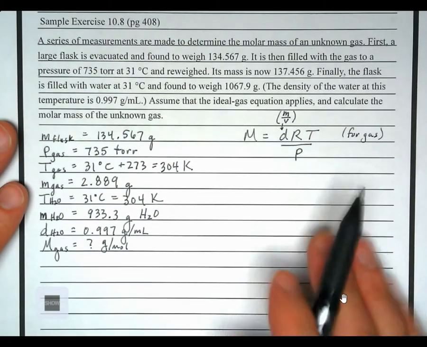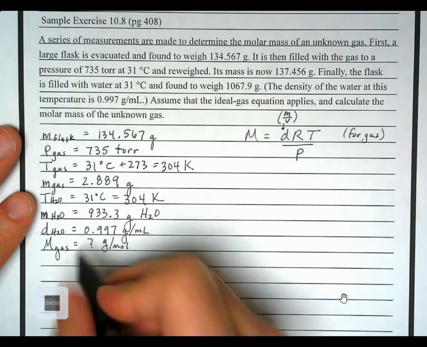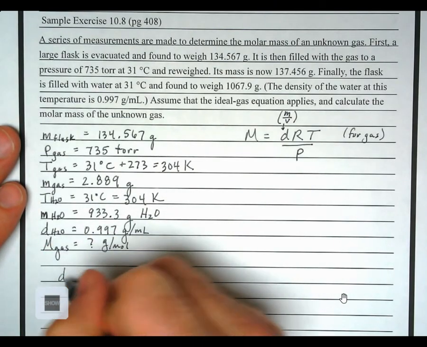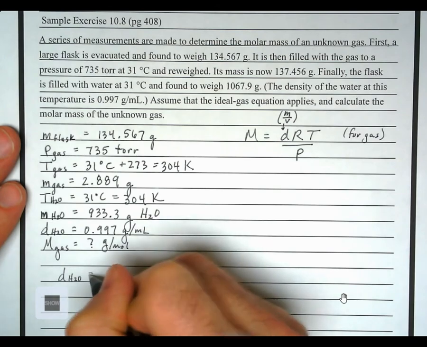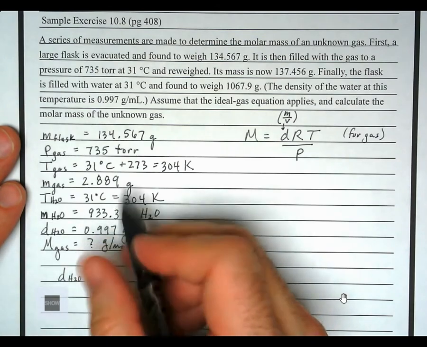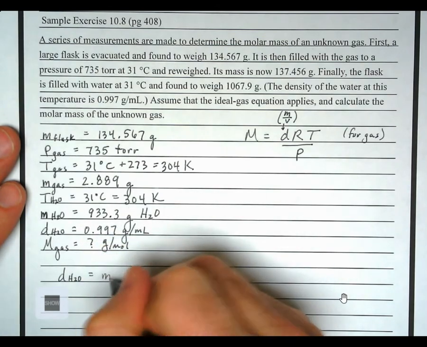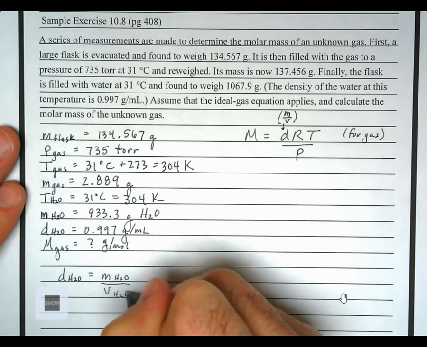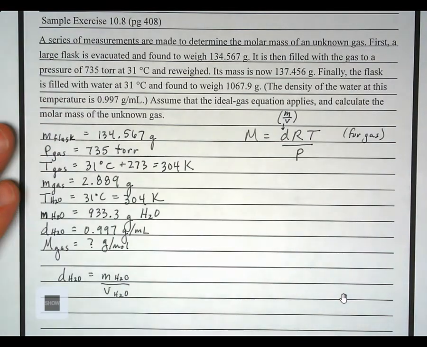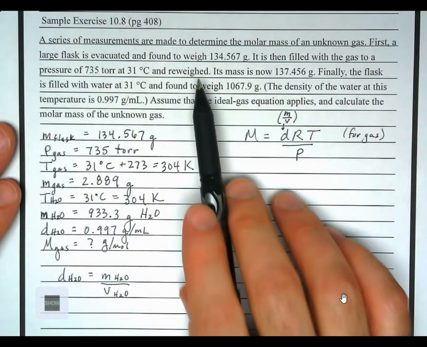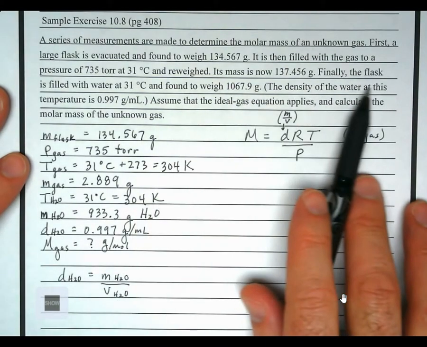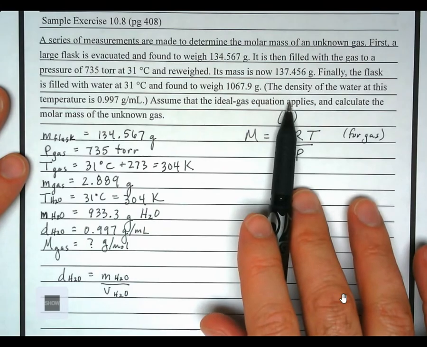Okay, so we've got the density of the water equals the mass of the water over the volume of the water, right? If you think about what happened, it had the gas in the flask, so the gas is going to expand to fill the container, if we're assuming that the flask was completely filled with water.